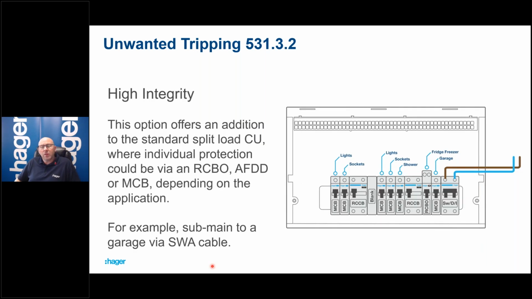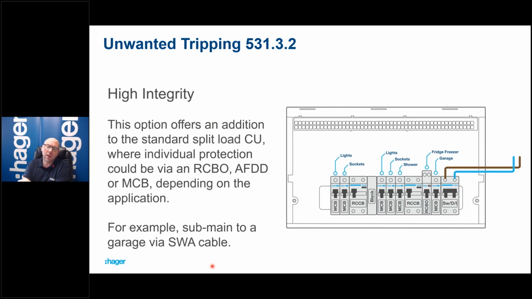And then, to provide a more flexible unit, the high integrity configurable boards came to the market. This allows you to use the RCCBs to split the loads, but then have a number of ways that are fed straight off the main switch, depending on how you configure it and how many ways you choose to use.